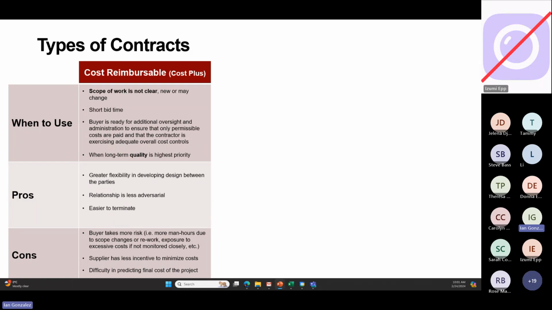Finding more efficient ways of executing the contract might not happen because it's more advantageous for them to just get paid based on the agreed rates. Another reason why this is high risk for the buyer is that you don't know what the final cost will be. So for budgeting, this may do a lot of damage.